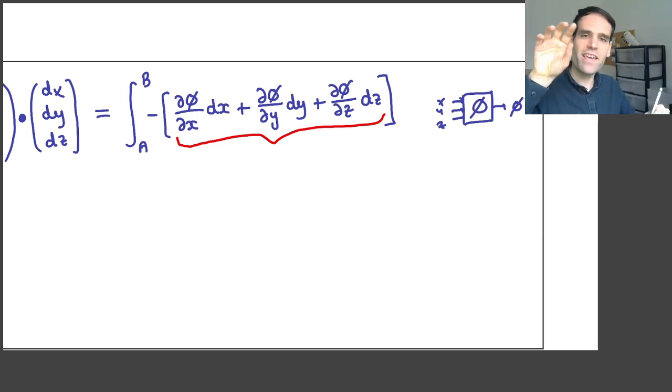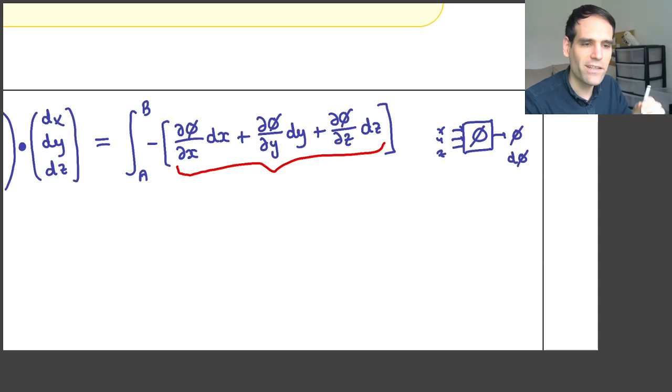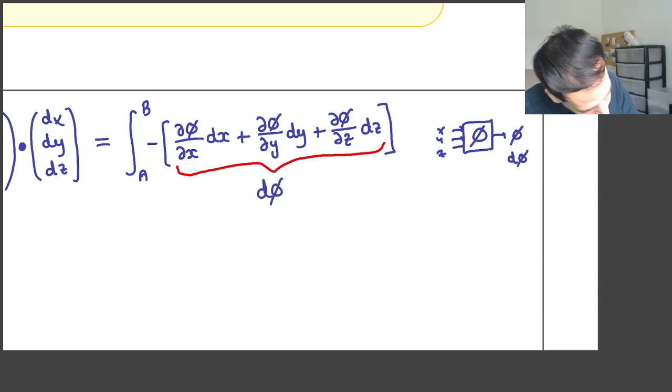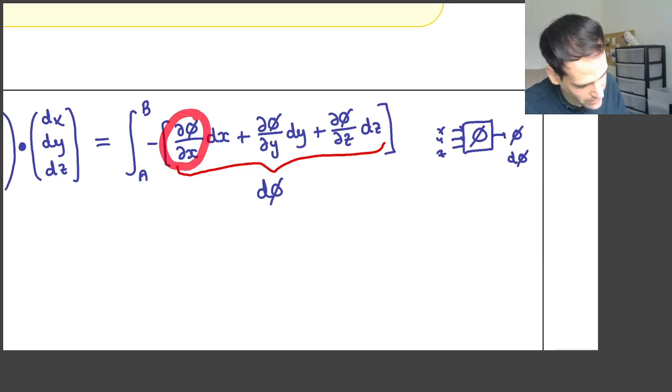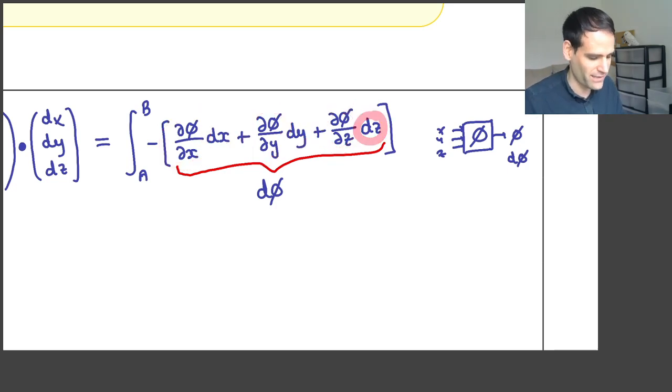And then I said, if I change x, y, and z by an amount dx, dy, dz, how much does phi change? It changes by an amount d phi. And d phi is the total differential of this function, and it's given exactly by this expression here. The partial of phi with respect to x times dx plus the partial of phi with respect to y times dy plus the partial of phi with respect to z times dz.